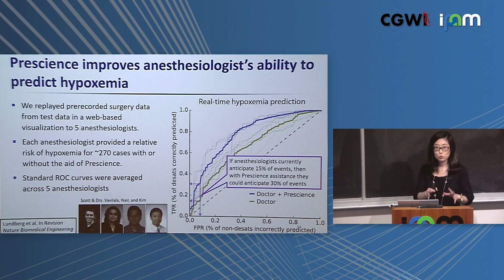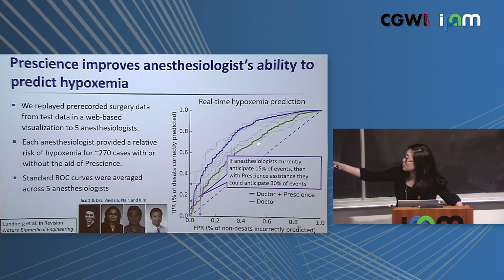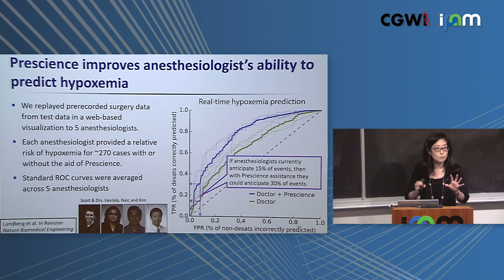We divide them into 2 groups, A and B. A solves the problem without Prescience help, and B solves a different set of problems with Prescience aid, and then it's reversed in the other group, and then we averaged them. Some of the variation comes from that, because the A and B groups have different sets of anesthesiologists.